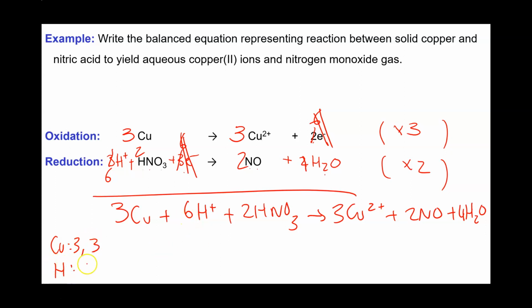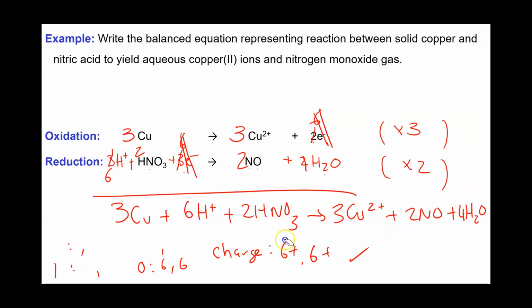Hydrogens, looks like I've got 8 on the left, and 8 on the right. And then nitrogens, I've got 2 on the left, 2 on the right. Oxygens, looks like I've got 6 on the left, and on the right we've got 2 plus another 4, 6. And then I always want to check the charge. 6 plus on the left, 3 times 2 plus, 6 plus on the right. So my reaction is balanced.